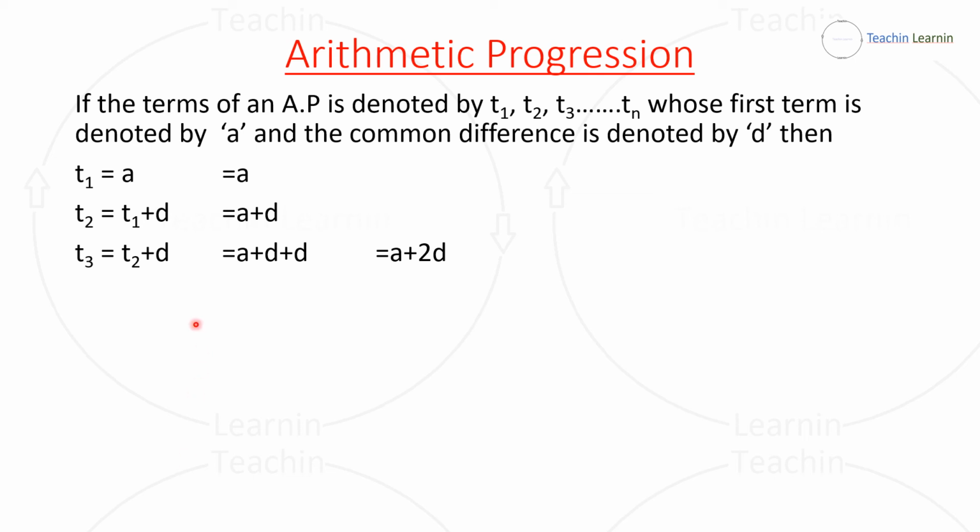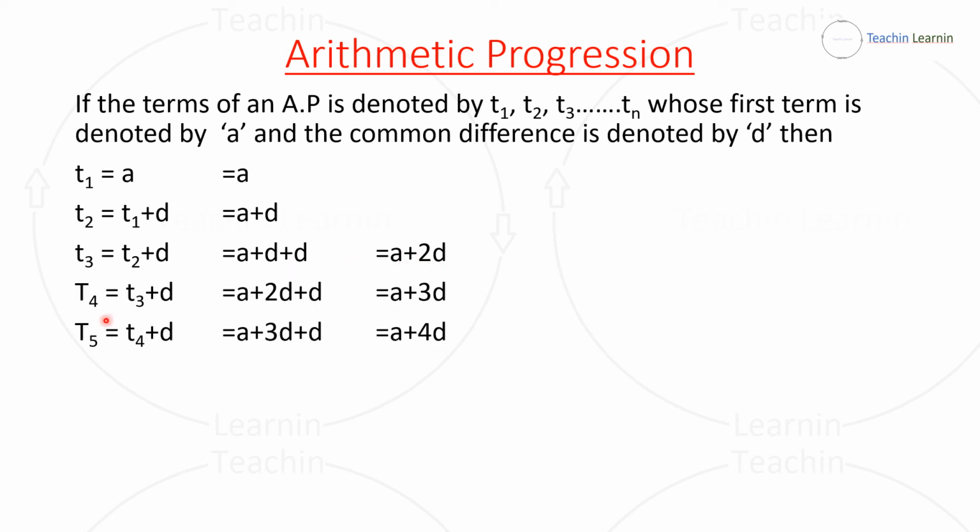Now, when you compute T2, we can put T1 equal to A, so you will get T2 as A plus D. When you compute T3, you get it by adding D to T2, and T2 is A plus D. When you replace T2 by A plus D, you will get A plus 2D.